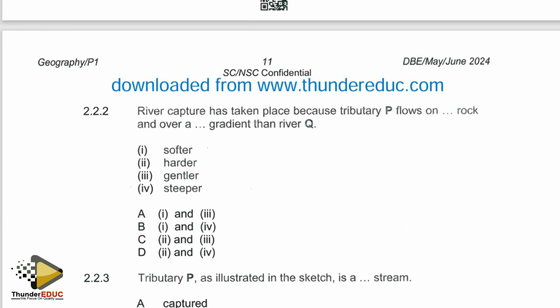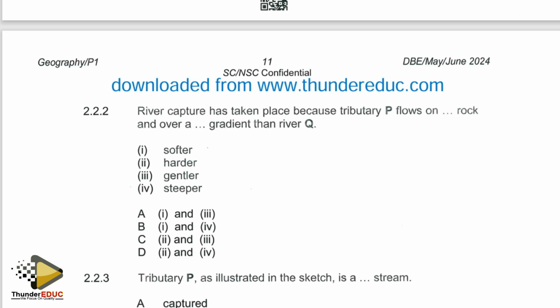the nature of rocks. For this river to effectively erode headwardly, it needs to flow over softer rocks. So item number 1 qualifies, we disqualify harder. And what kind of gradient here? For this river to be energetic, it needs to flow over a steeper gradient. It approaches a river which is high-lying, so that it erodes headwardly across the watershed and is able to reach the other drainage basin.